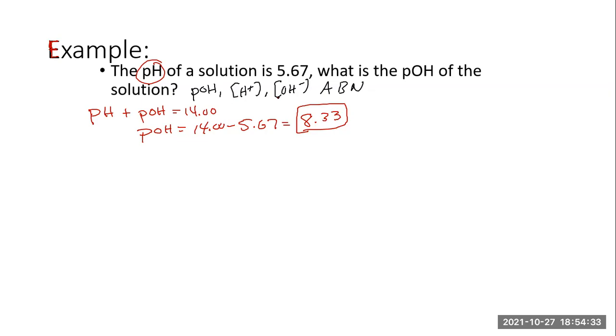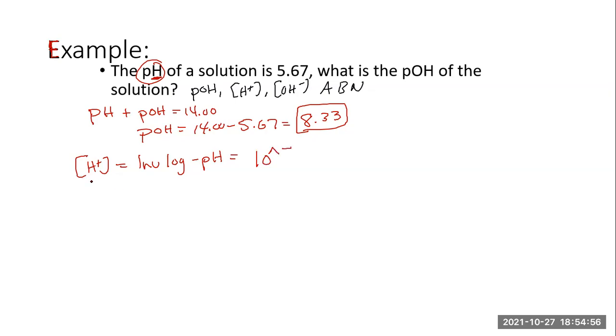We also want H plus and OH minus. So in this case, I could get the H plus concentration from the pH value. And again, that would be the inverse log of the minus pH. When you do the second and log button, it will probably pop up a 10 and a caret. You want to make sure that you do make it negative.